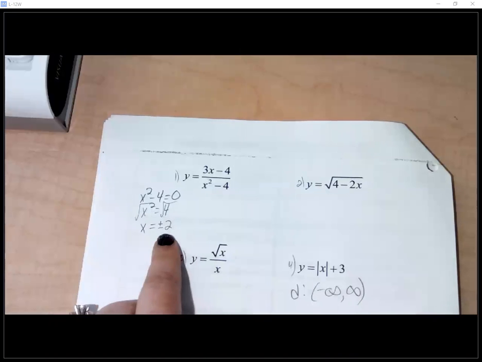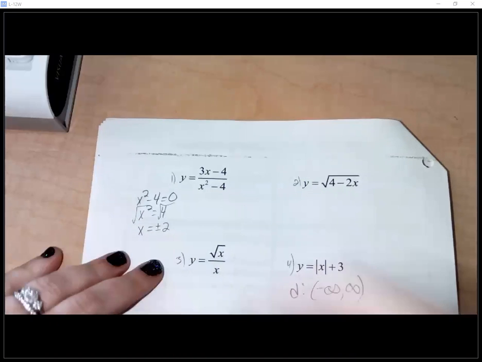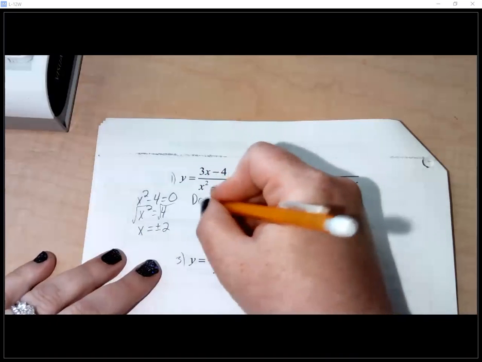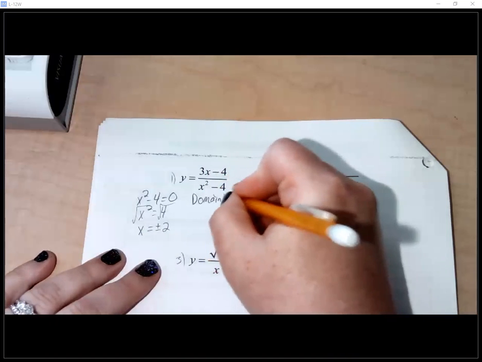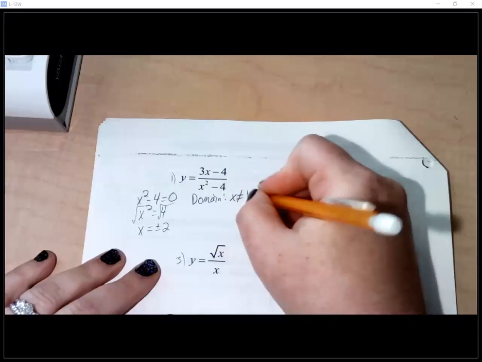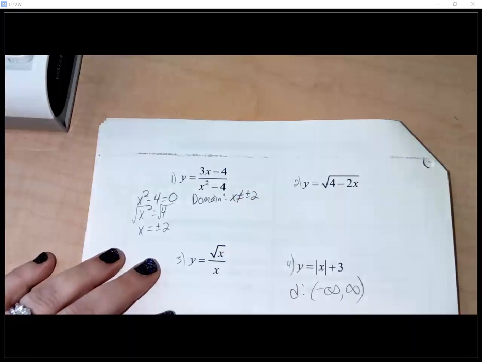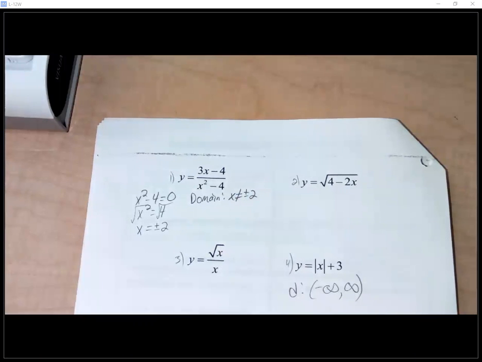I can't have x equaling positive or -2, but I can have anything else in the whole wide world. So my domain: x cannot equal positive or -2. So let's try and write that in interval notation. If I can have anything else in the world, just not that, go ahead and write what you think that looks like.